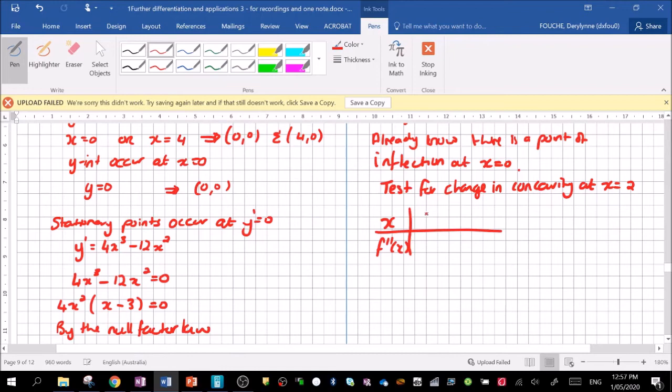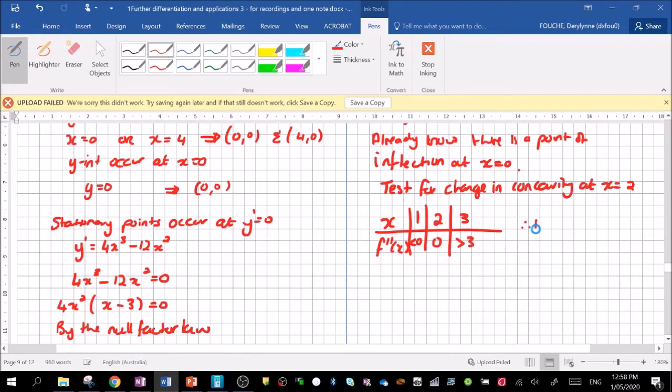And I'm going to look just before and just after, so at 1 and at 3. And when x is equal to 1, my second derivative is going to be less than 0. When it's equal to 2, it's 0. And when it is equal to 3, it is greater than 0.